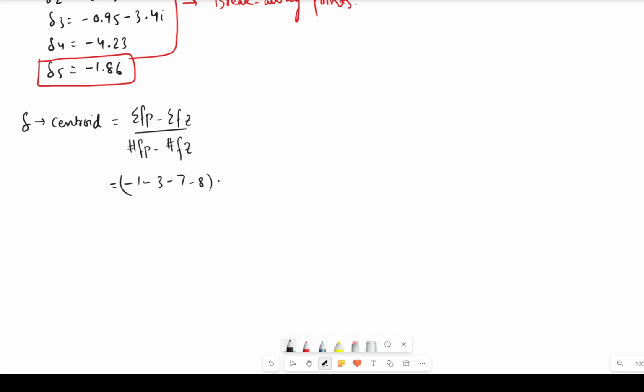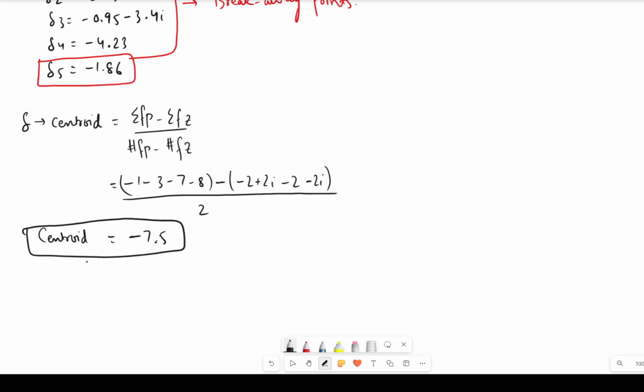So I sum all the poles and subtract from them the zeros, which are -2 plus 2 iota and -2 minus 2 iota, divided by 4 poles and 2 zeros, which means 4 minus 2. So I'm writing it directly as 2. Now if I solve this, I'll get -7.5 as my centroid. This is one result. The next result is the angle of asymptote.